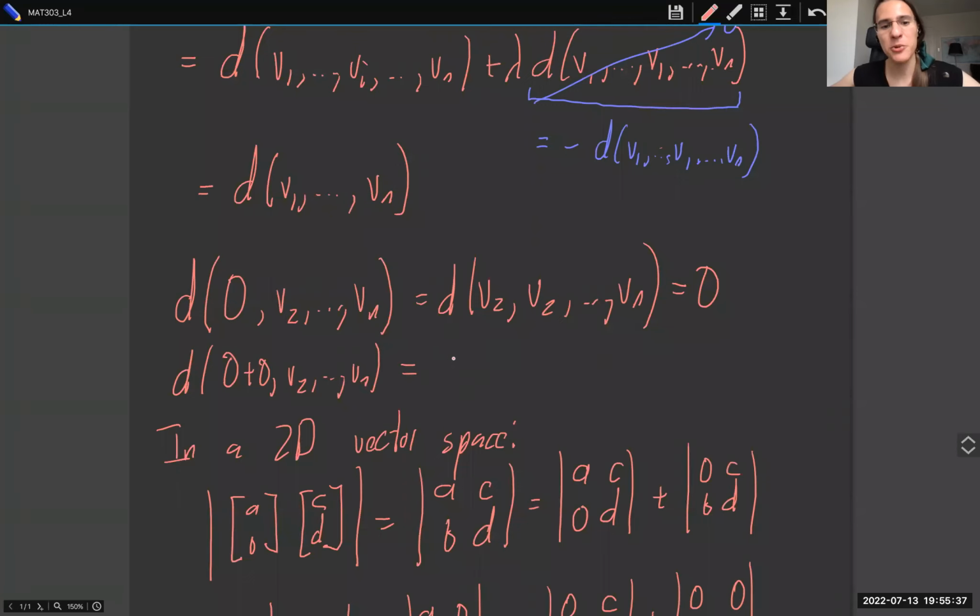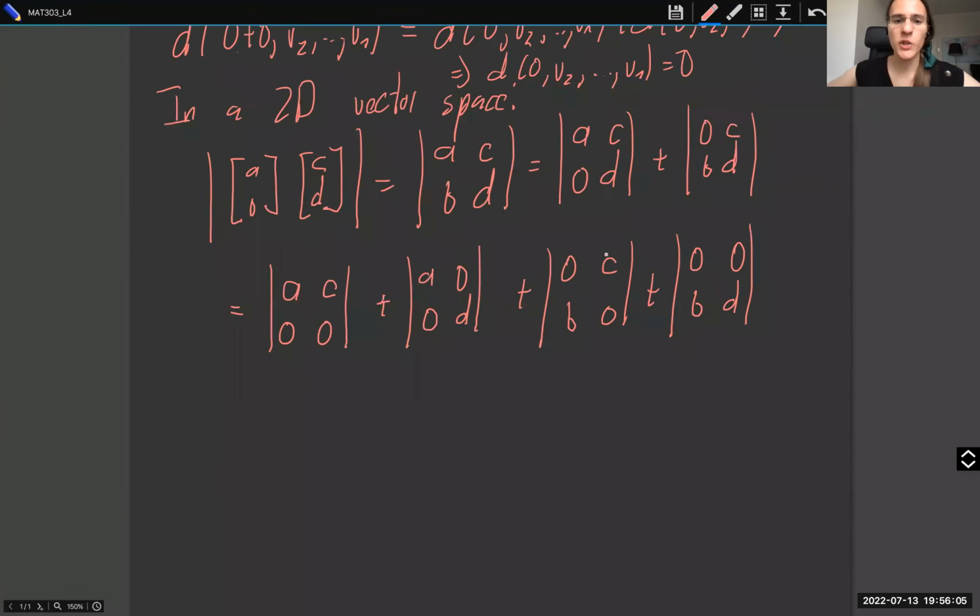So we can distribute that as D of 0 plus D of 0. Then subtracting D of 0 from both sides, we get that this expression is 0. So that's two separate proofs of that fact.